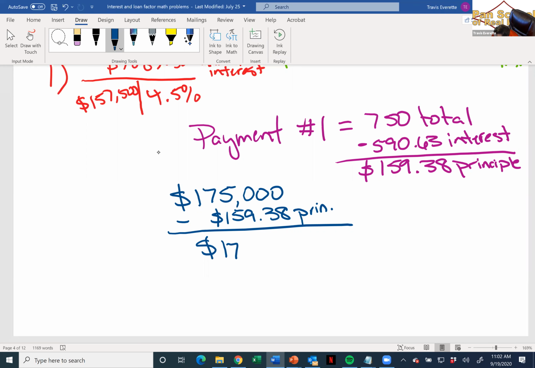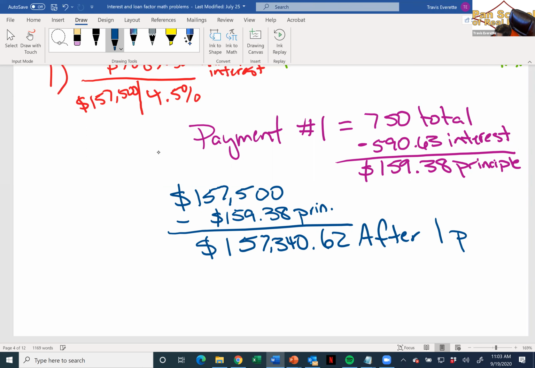Thank you. See, that's why you gotta pay attention. Thanks, Julia. Sorry about that. See, I do it too. 157,500 is my loan balance. 175 was my sales price, I think. Minus 159.38. That leaves me with a balance of 157,340.62 after how many payments?